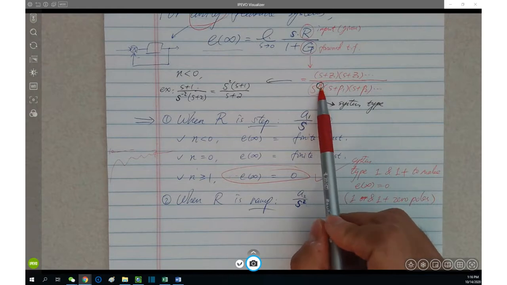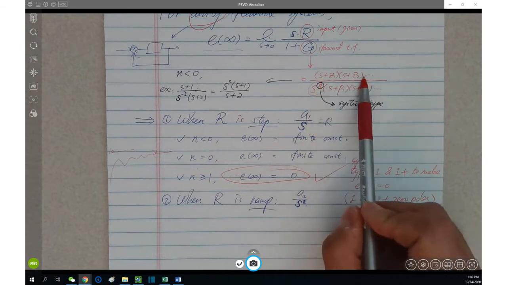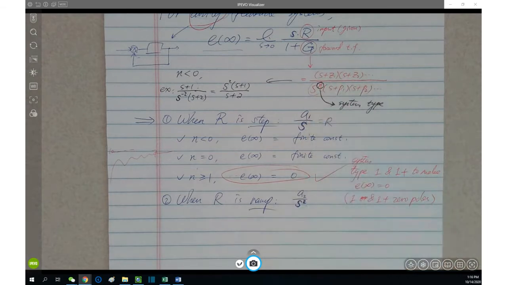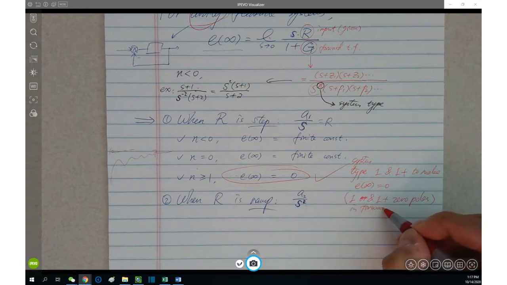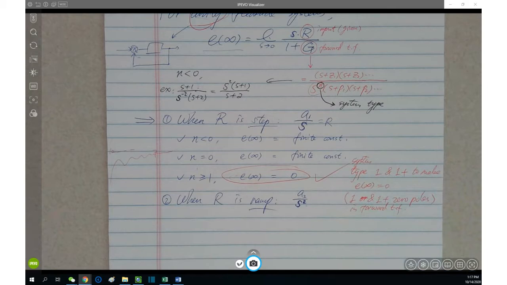So n here is also the number of zero poles of this forward transfer function. Is that kind of description making sense? All right, if so, then we can move on.